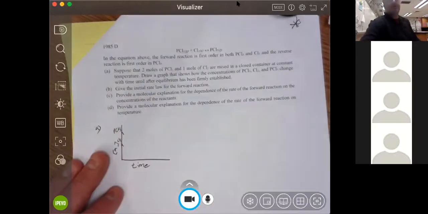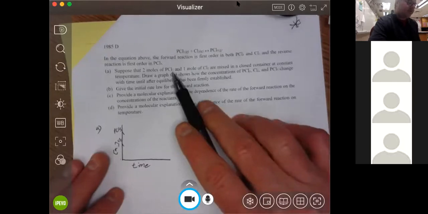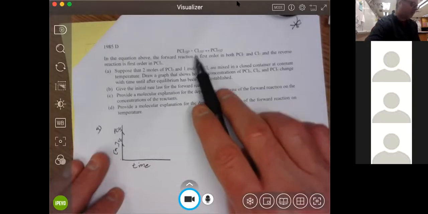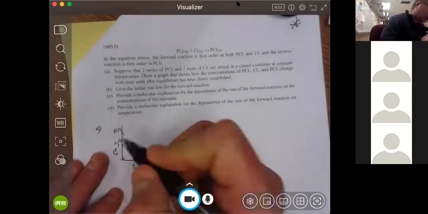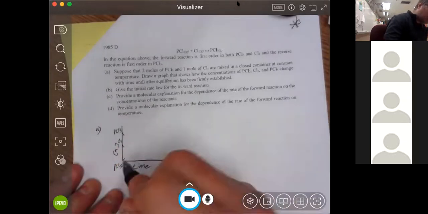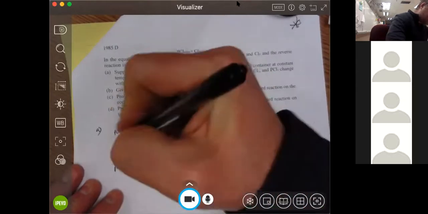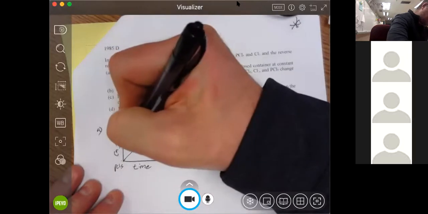We don't have to put numbers on here, but if we think of that as 1 mole and that as 2 moles, since these are both reactants, the concentration of the reactants will go down as the concentration of the product goes up. That will be the PCl5, so that will go up as the concentrations of the reactants go down.